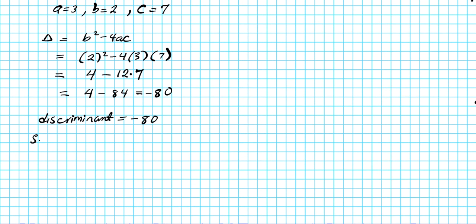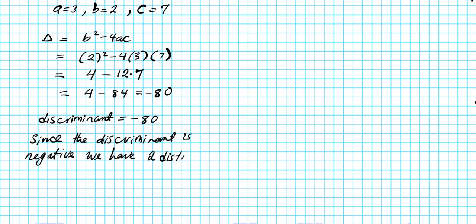Since the discriminant is negative, we have two distinct imaginary roots as the solution to the quadratic equation.